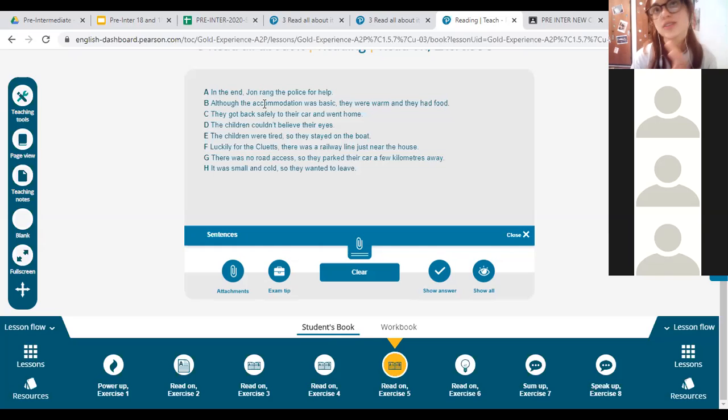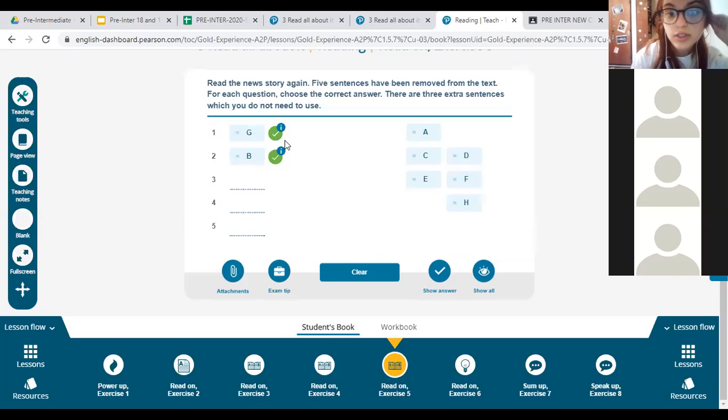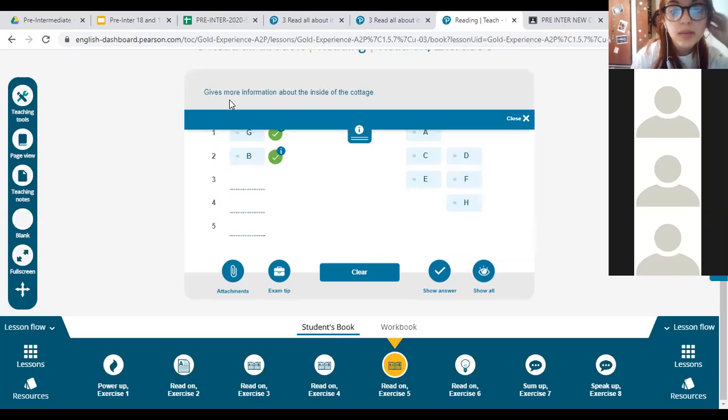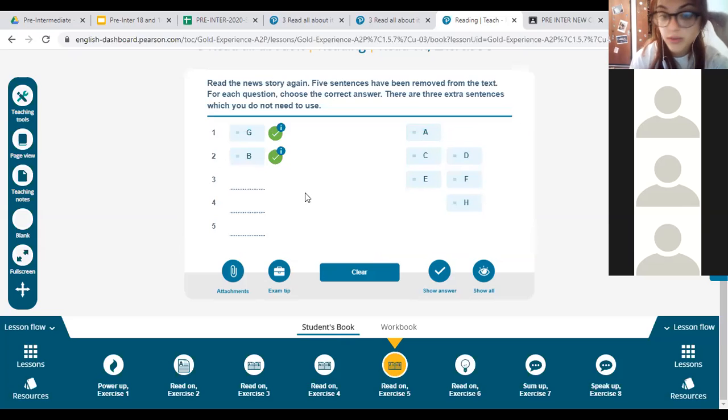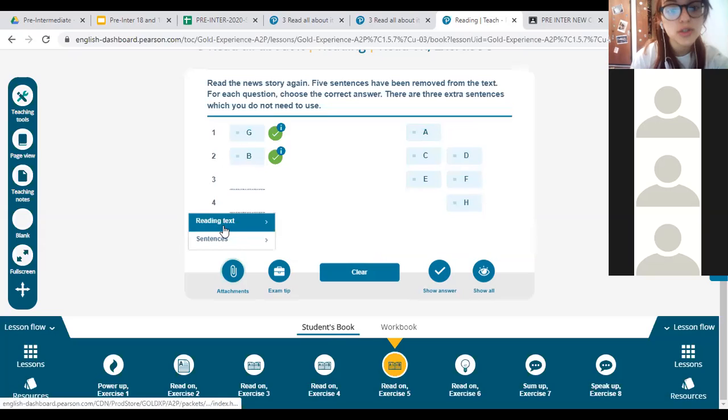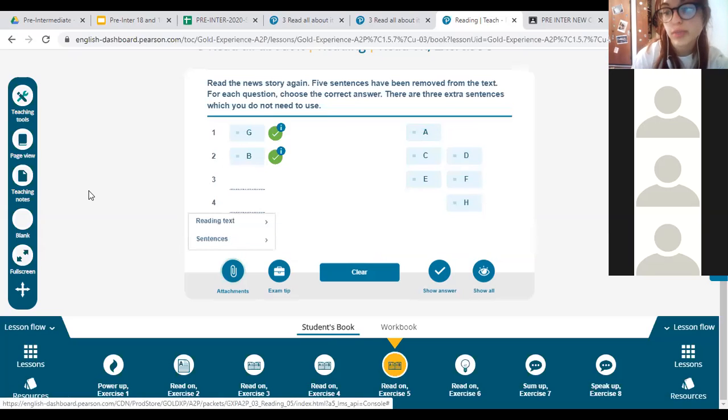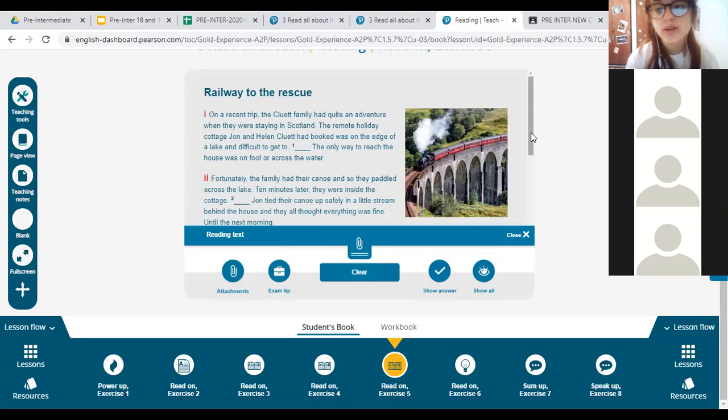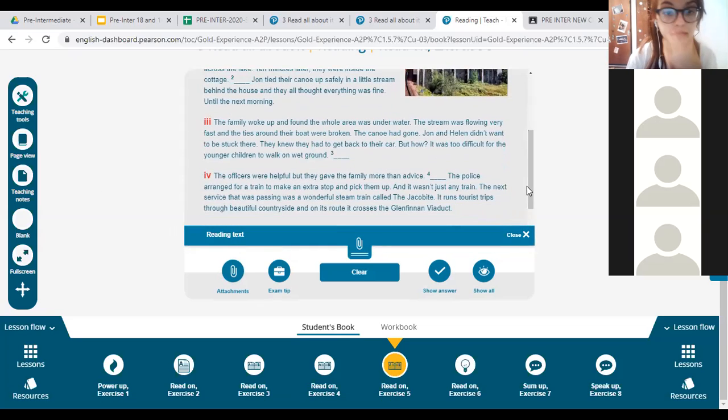So the accommodation, that is the cottage, was basic, but it was warm, and they had food. So we use B because it gives more information about the inside of the cottage. They get into the cottage and they go to sleep. The next morning, they have the problem. So let's see in the next one.